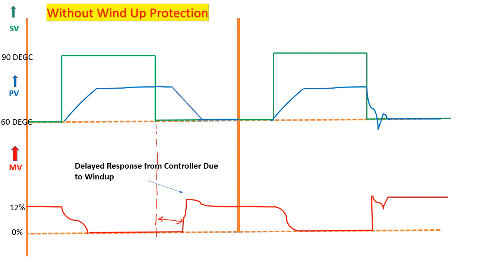So as you can see, in this case, as the value has increased suddenly and to a much higher level, there will be an undershoot of the temperature, but it will be stabilized slowly. But at least there is an immediate response from the controller whenever there is a change in the set point.